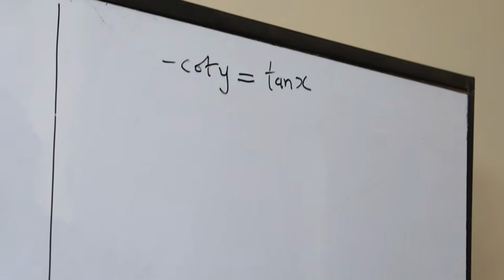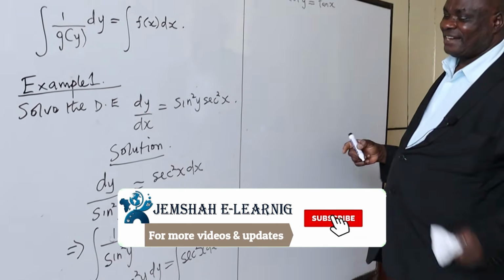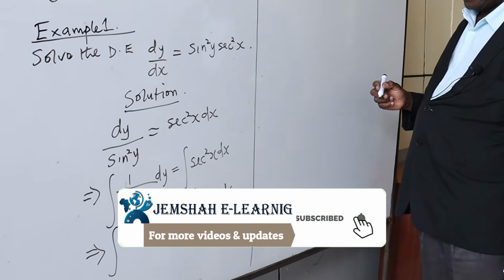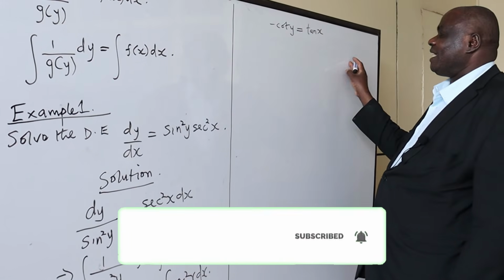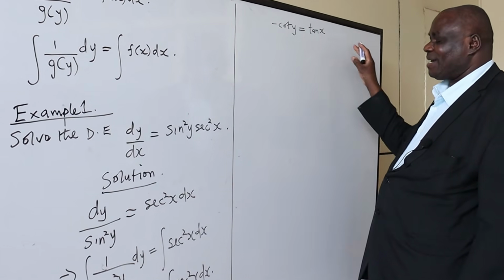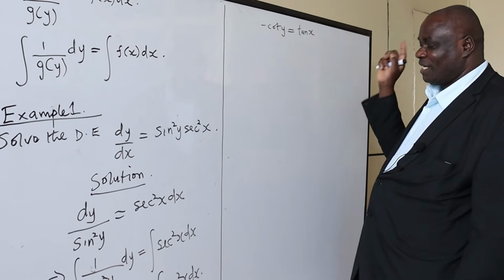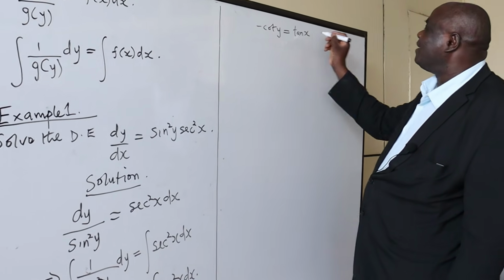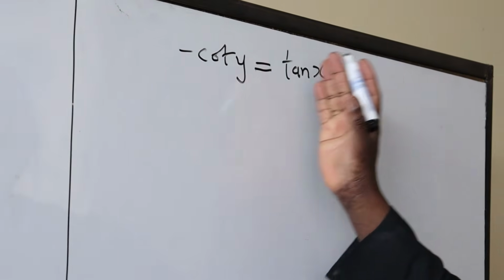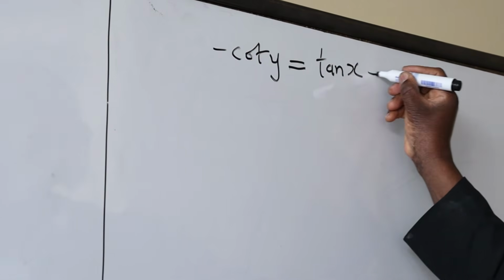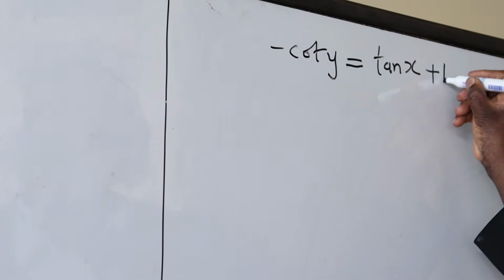Now, since these were indefinite integrals, each side attracts a constant of integration. One constant added to another constant, or one constant subtracted from another constant, will just be equal to a single constant. So we can include a constant of integration on our right-hand side, plus a constant k.